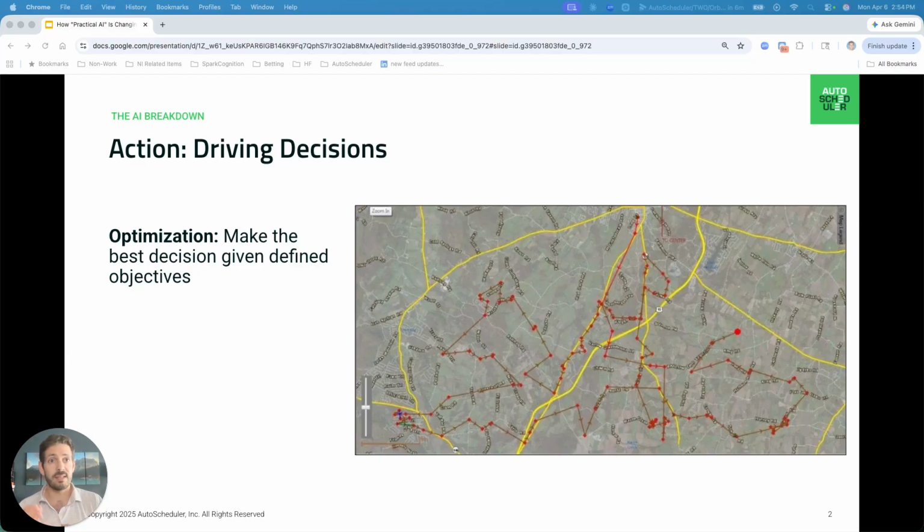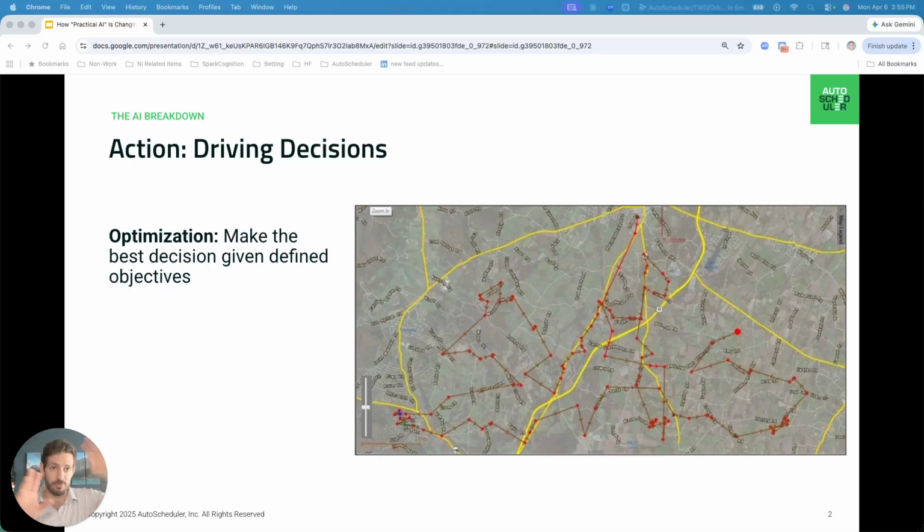And so it takes the input data of what I'm trying to do, the objective, the overall outcome I'm hoping to achieve, and the constraints, and then it runs through all of these different options to tell me this is the right way for me to get where I want to go if I'm driving to work. A really good example of an optimization algorithm that everybody's familiar with is if you use Google Maps or Waze or Apple Maps, for the crazy people out there, it will actually tell you, as I'm sitting in my car, it says, I know where you're trying to go, drive for 2 miles and then turn right on this road.